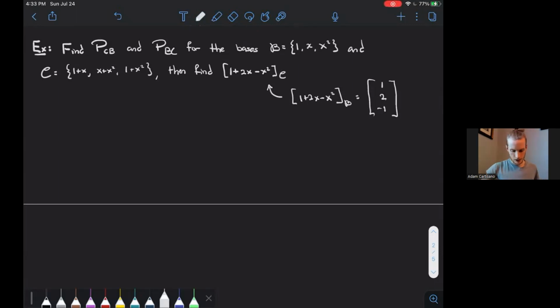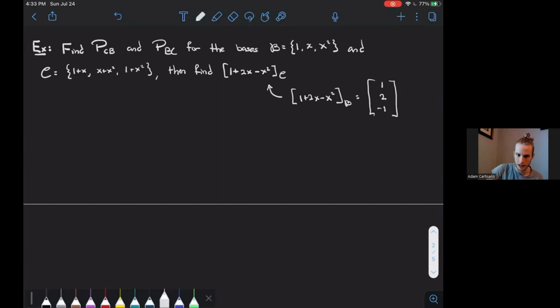The real problem here is let's go and find the change of basis matrices. To do that, we have to compute the coordinate vector of 1 plus x with respect to C. Well, we can do an easier way.